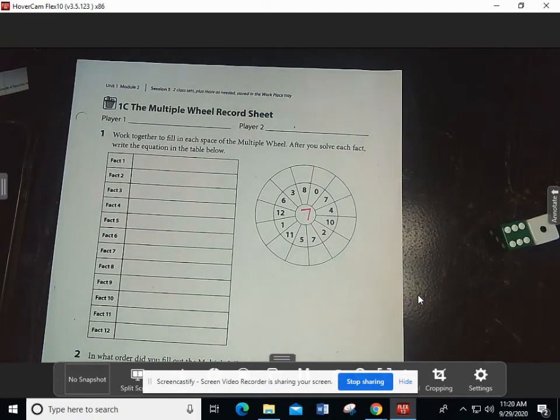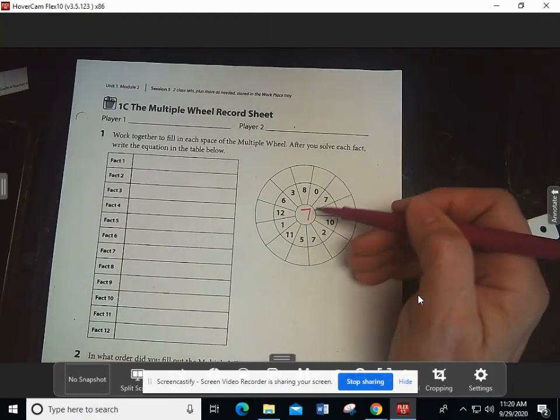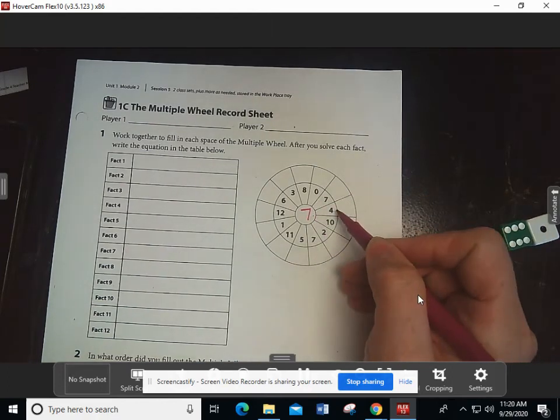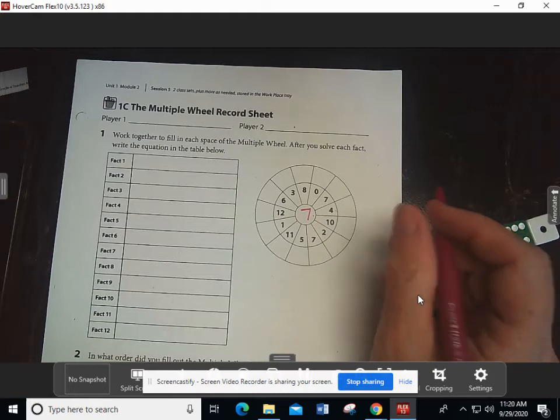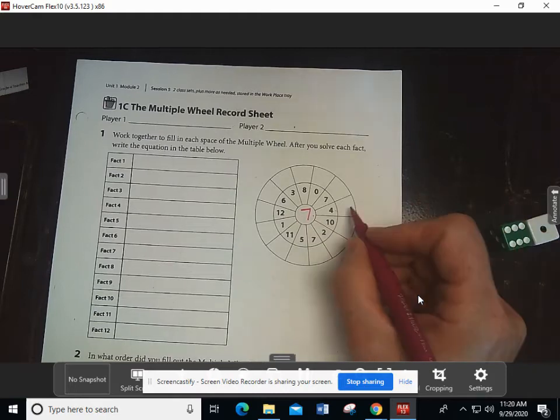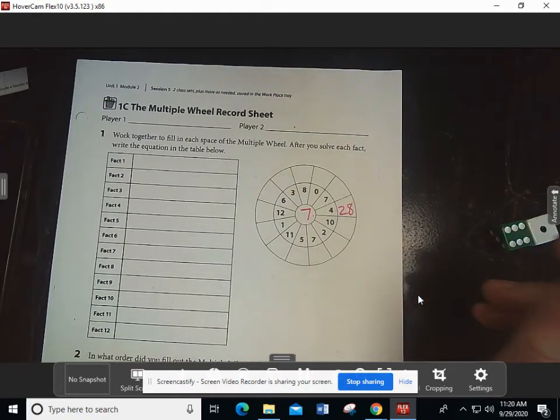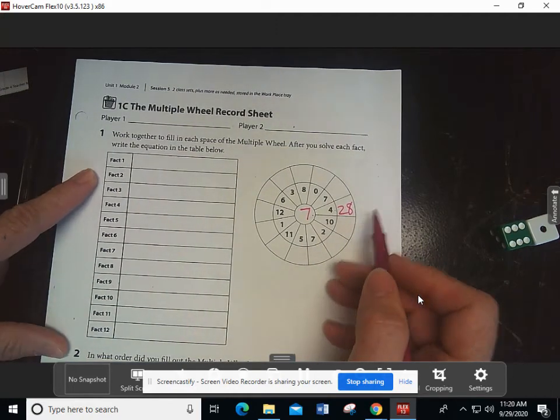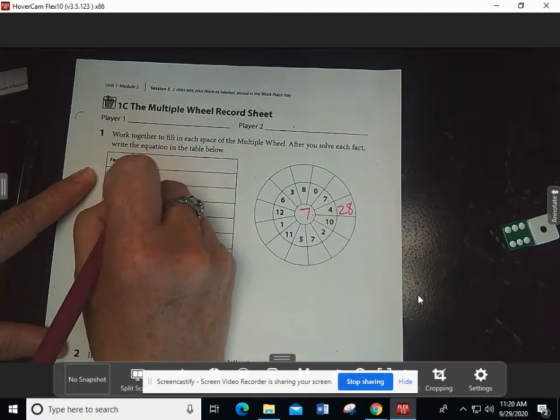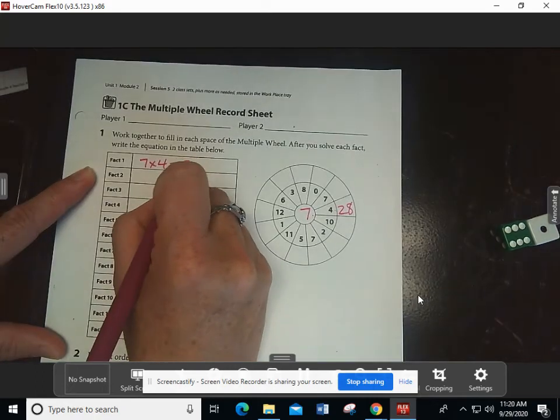So then what you're going to do is work together to solve each fact. It works like this. 7 times 4 equals what? We just had 7 times 4. It is 28. I gotta write my fact. 7 times 4 equals 28.